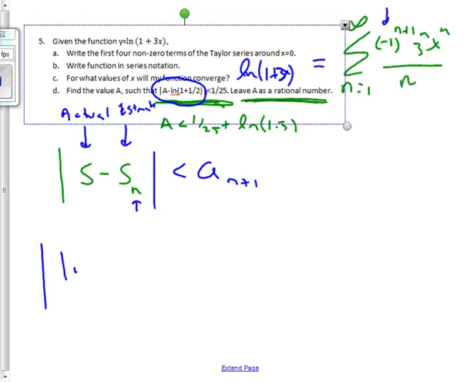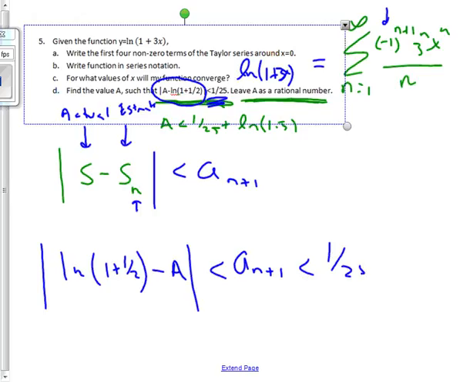So I could write this as ln of 1 plus 1/2 minus a, and that needs to be less than my n plus 1th term, and in this case, we want it to be less than 1/25. So writing it like this makes it clear that a is the sum of my first n terms.